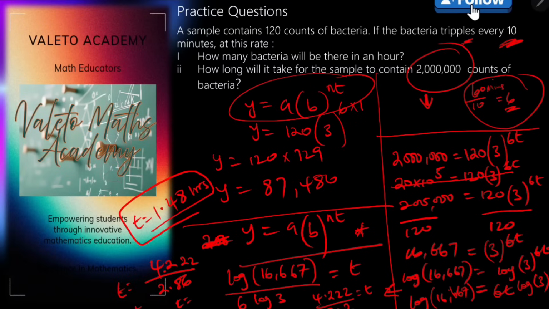In the first part of the question, we have that in 1 hour, it will move from 120 to 87,000. And in 1.48 hours, it's going to move from 120 to 2 million counts of bacteria.